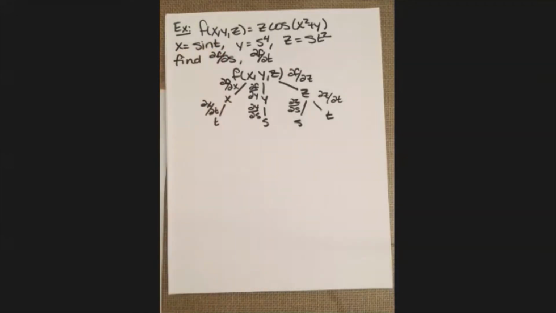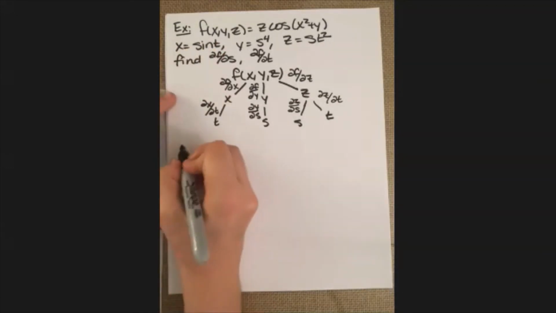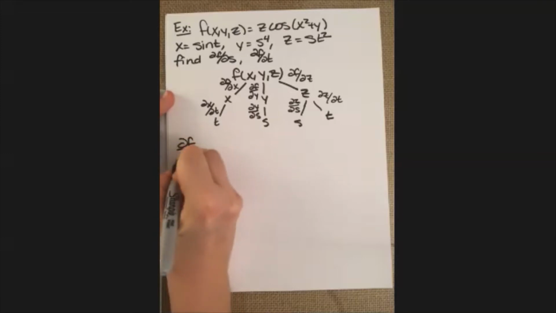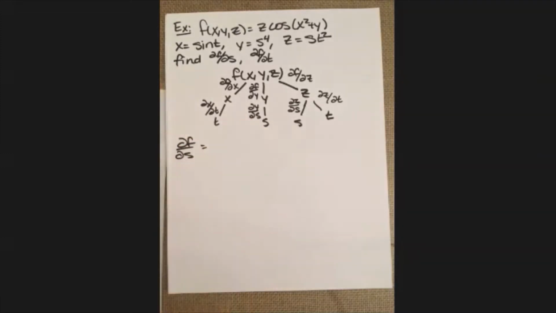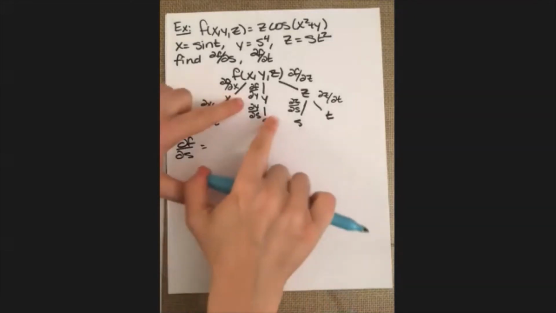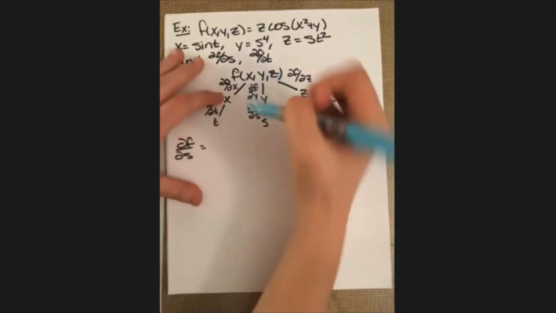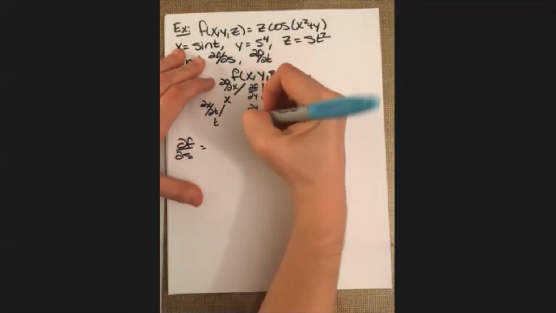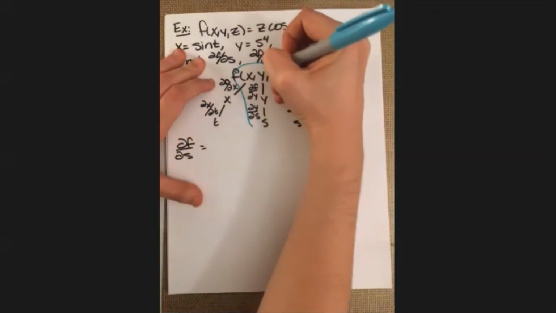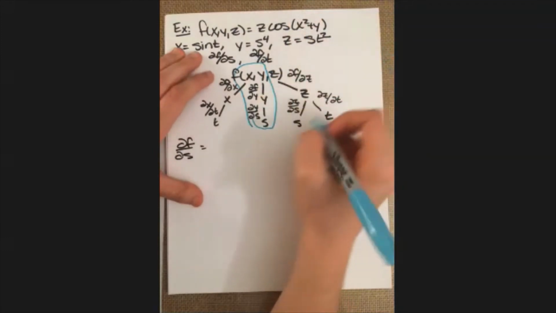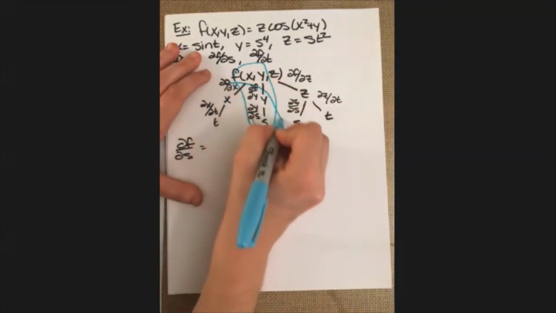So let's first find df ds. Okay. So df ds, the only things that trace from f down to s have to pass through y and z. So we'll have this path here, and then this path here.